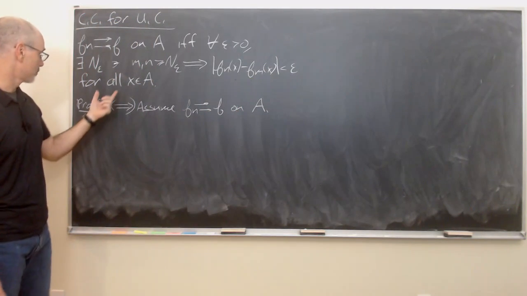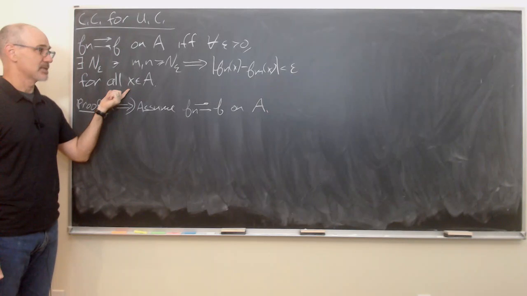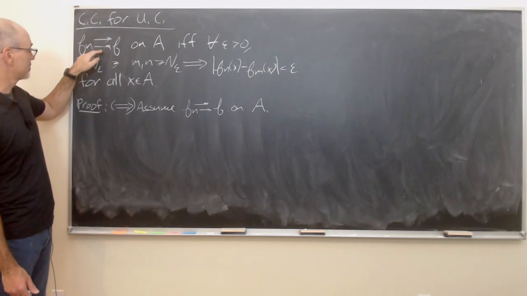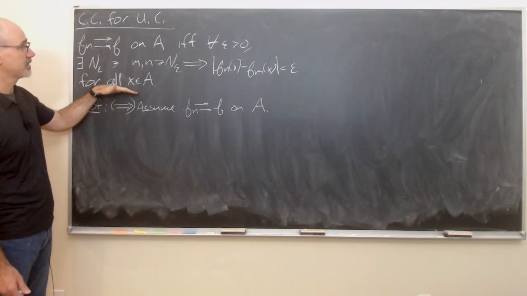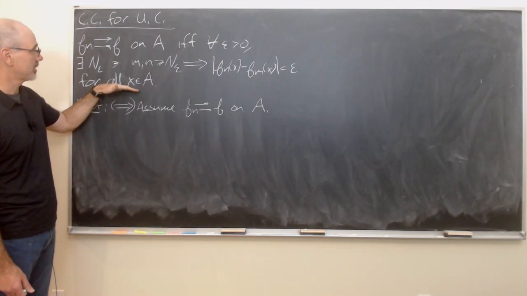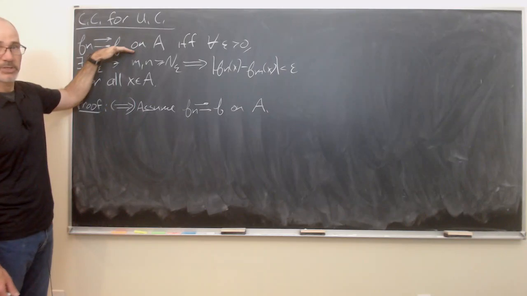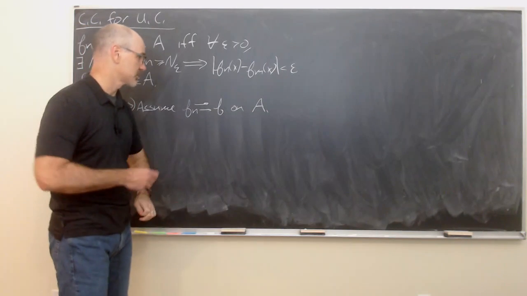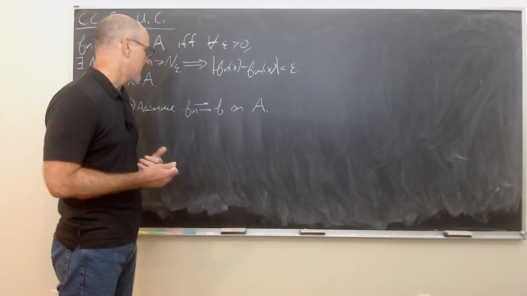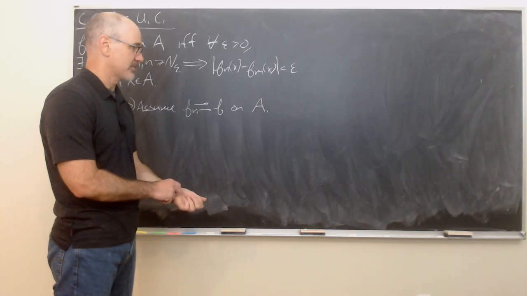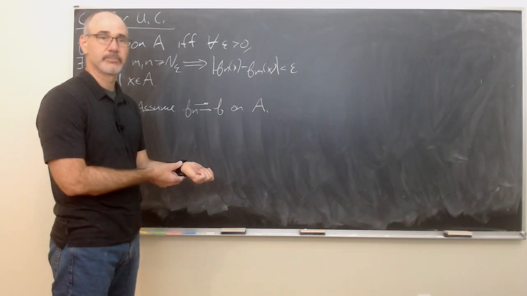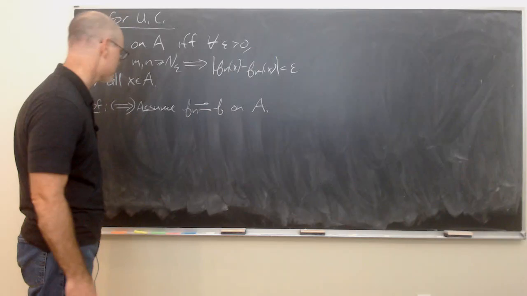And again, this is a crucial part, for all x in the set at the same time. So if f_n converges uniformly to f, the Cauchy criterion holds, and if the Cauchy criterion holds, f_n must converge uniformly to f. So this is going to provide us a way of showing uniform convergence, even if we don't necessarily know what the function sequence converges to.